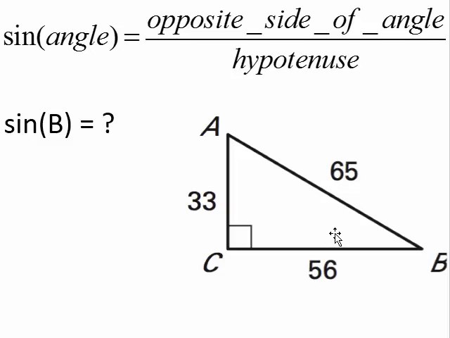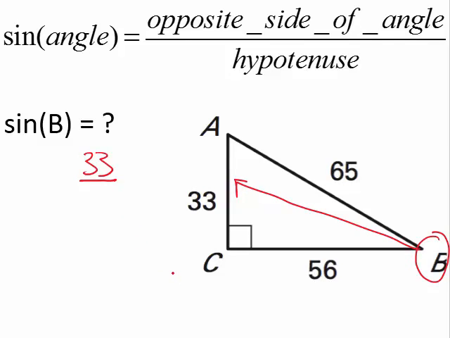So the first trigonometric function we're going to look at is sine. The sine of an angle is equal to the opposite side over the hypotenuse. So what is sine of B? Well, we take B and we look for the opposite of B, because first it's a fraction. So the opposite side of B is 33.